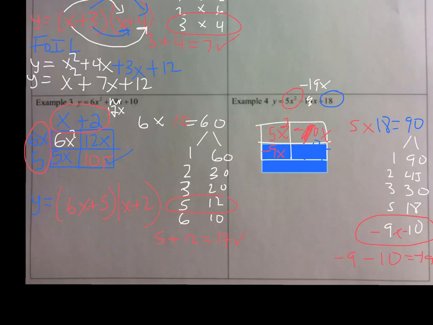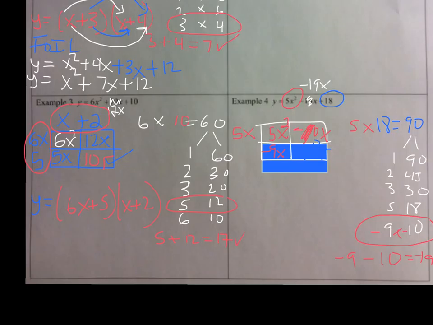And so let's look at the numbers first, the 5 and the negative 10. The only thing that we can pull out from those two, or the greatest common factor between 5 and negative 10, is a positive 5. And then the x squared and the x, we can pull the x out.